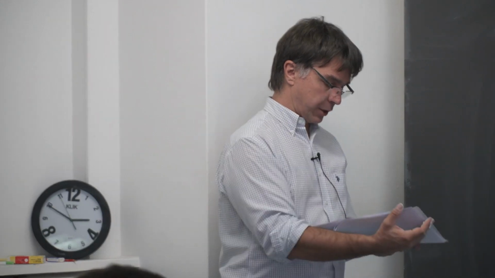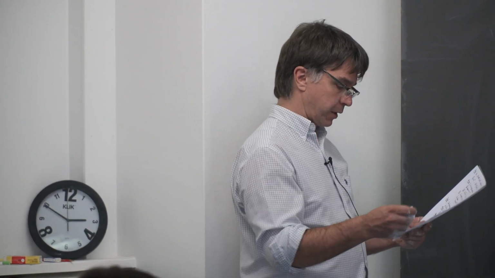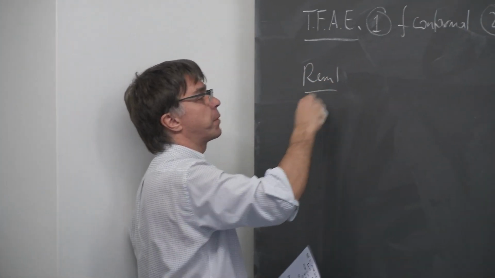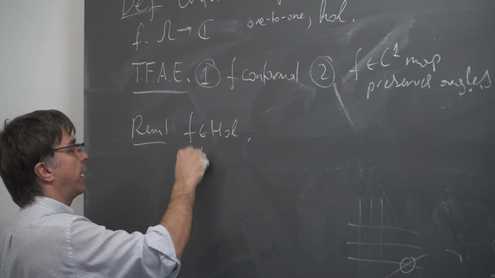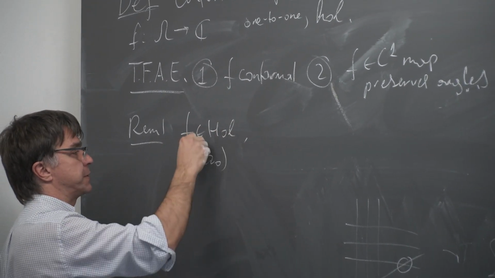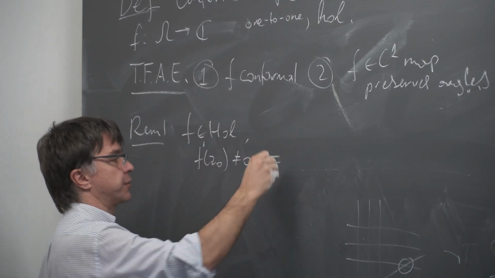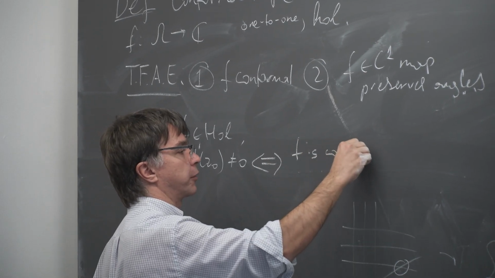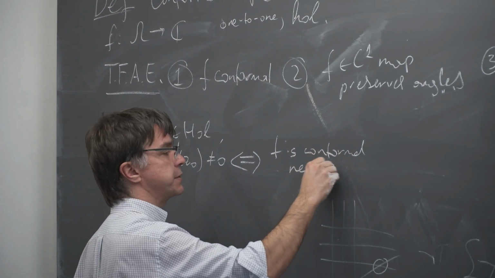Okay. Now, two remarks about important properties. If f is holomorphic, then f prime of z0 being non-zero is the same as saying that f is conformal near z0.